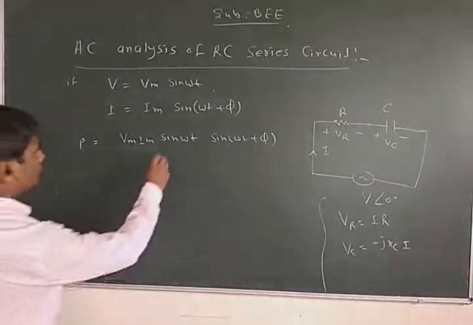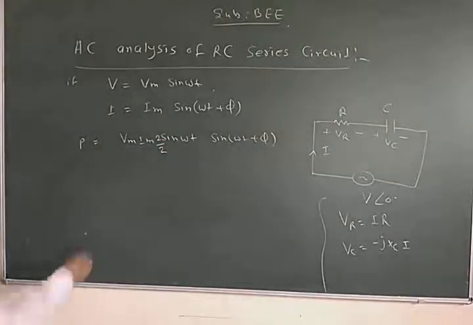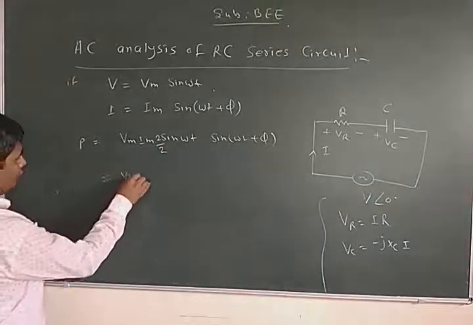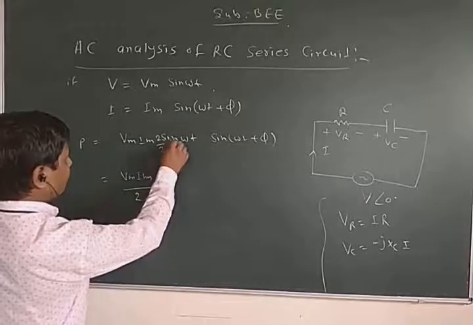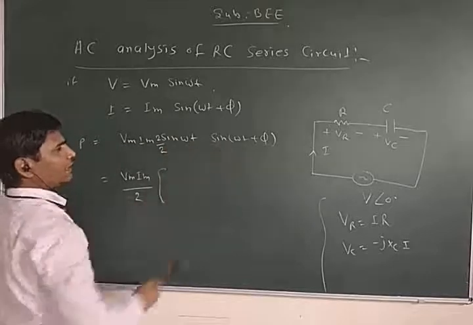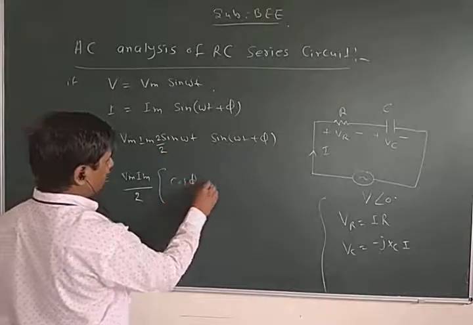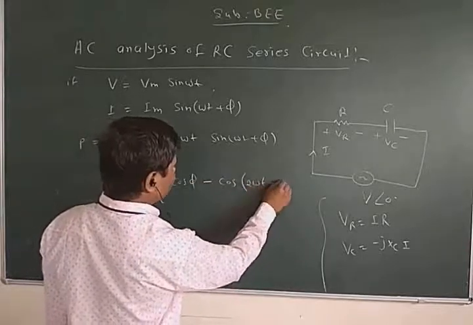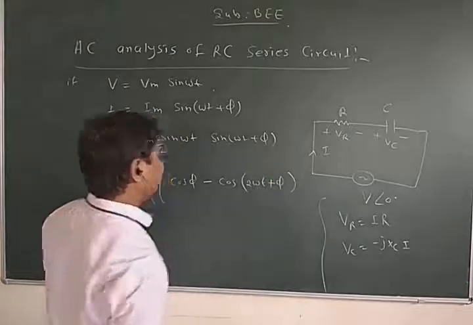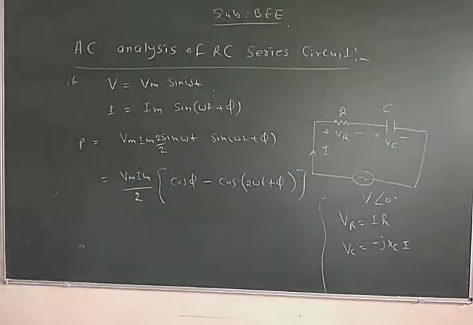Now we multiply by 2 and then divide by 2. We get Vm Im divided by 2 into [cos phi minus cos (2 omega t plus phi)]. This is the power equation.